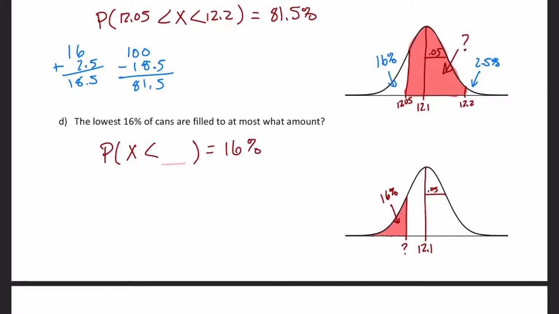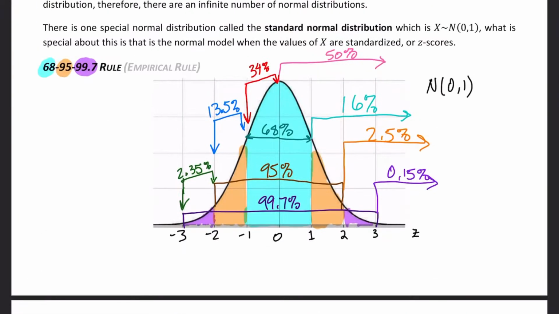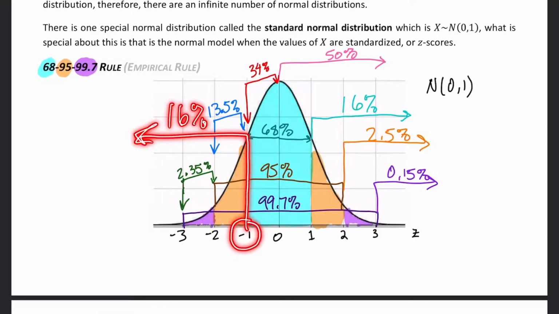All right, so I need to figure out what z-score that is. So let me come up here to my picture. And if it's 16%, well, 16%, that's one of my numbers, but this is the upper 16%. So what I could do is flip this over symmetrically around that zero, around that mean, and I know that this is the lower 16%. So what's the z-score attached with that lower 16%?